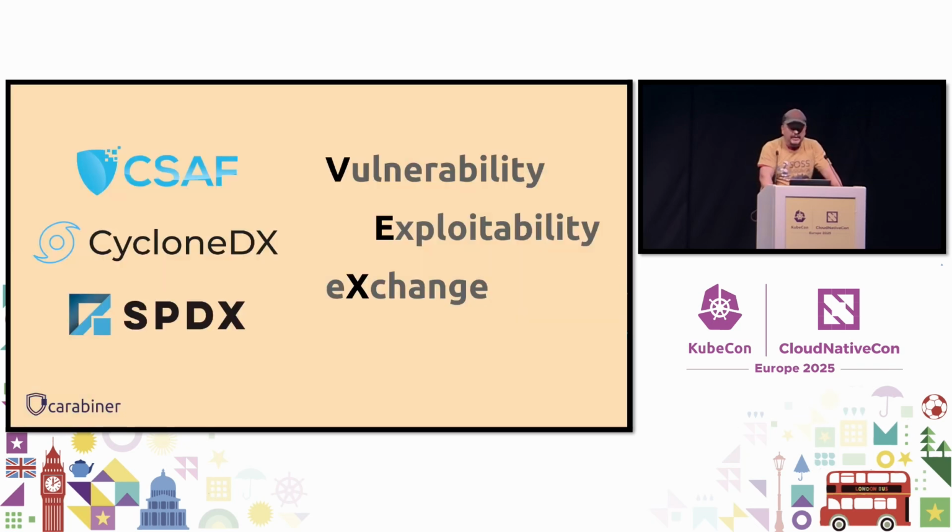There are 4 VEX flavors, we call them, because VEX was defined by a community group hosted under CISA, the Cyber Infrastructure Security Agency in the US. They facilitated a community group that works on VEX both here in Europe and in collaboration between people here in Europe and the US, and also a lot of people from Japan.